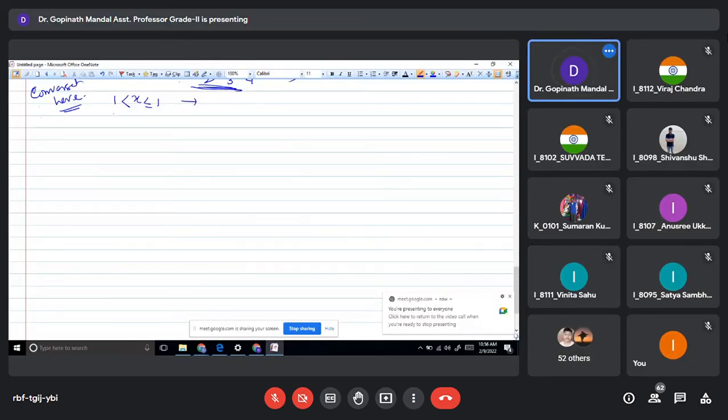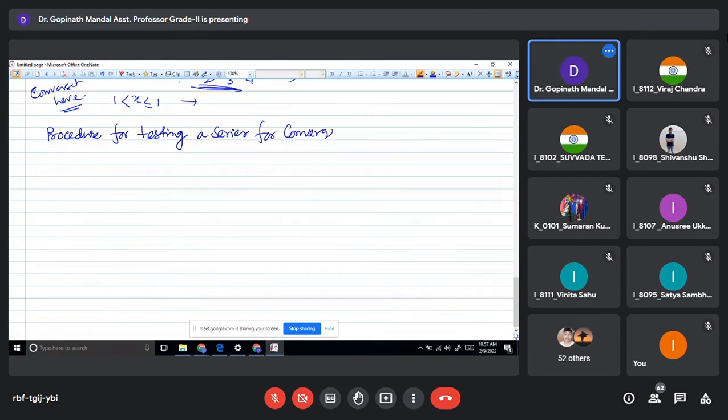So here is the total procedure for testing a series for convergence. What is the procedure? That is, what is the algorithm?